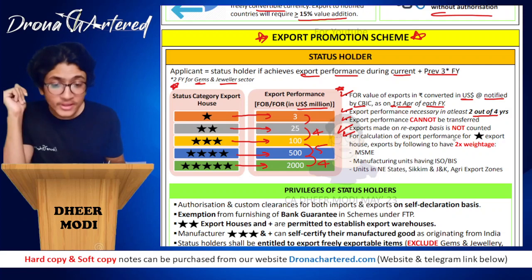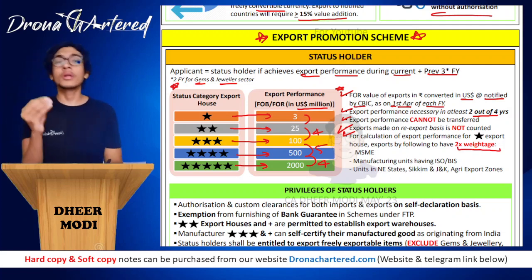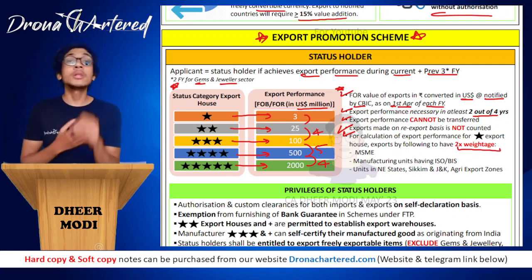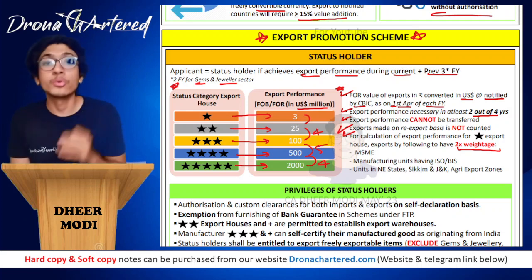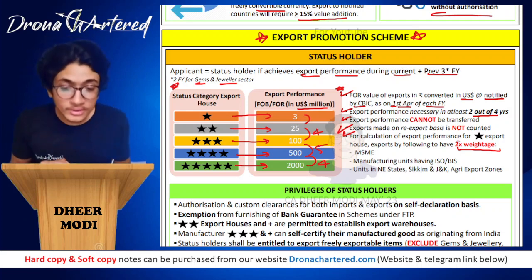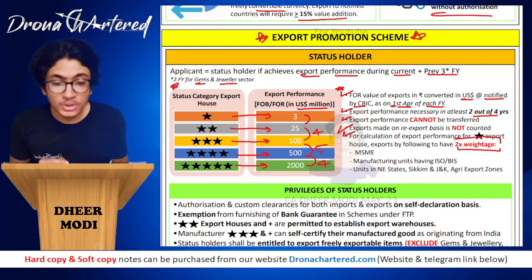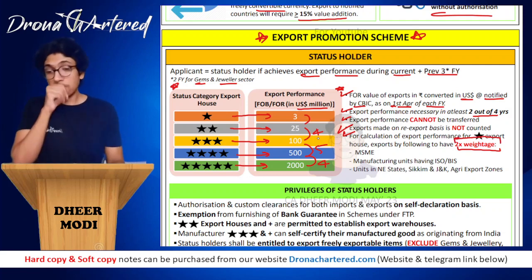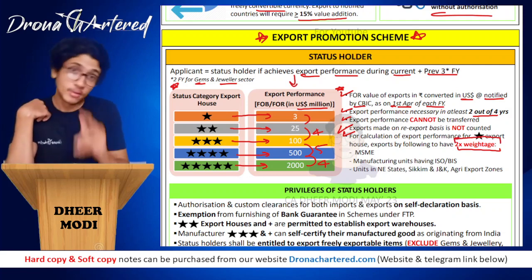For calculation of export performance for star export house, exports by the following have 2 times the weightage. That means even if, for example, you exported $100, we will consider that you have exported $200 because it is given 2 times weightage. So for this limit calculation, we will multiply it by 2.